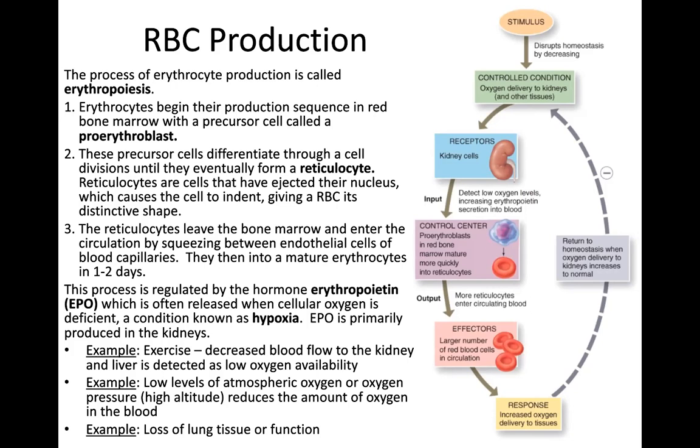Something that you can do as an athlete that's not illegal is live in certain places in the world on purpose. If you live at a high altitude, you're essentially going to trigger the production of red blood cells, and that's why people that want to gain an advantage might go and live in the mountains and train there.